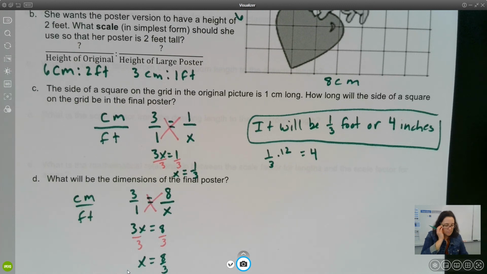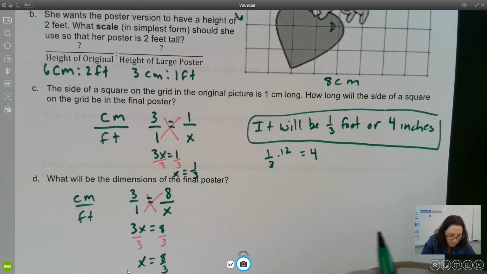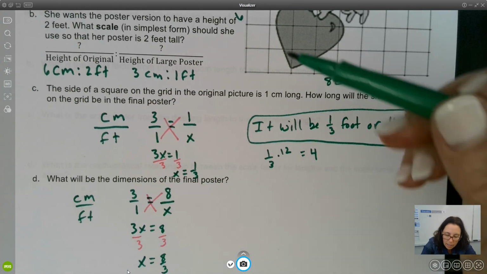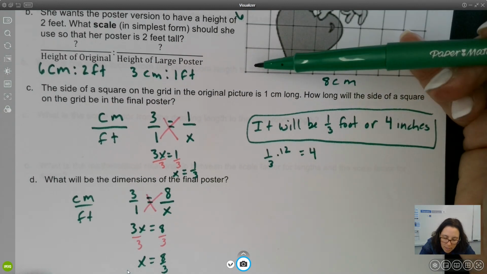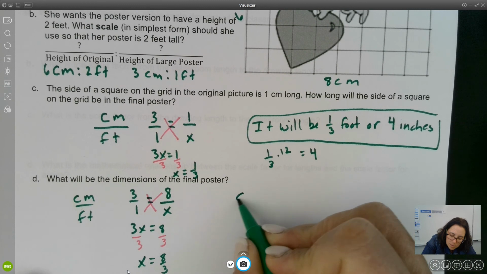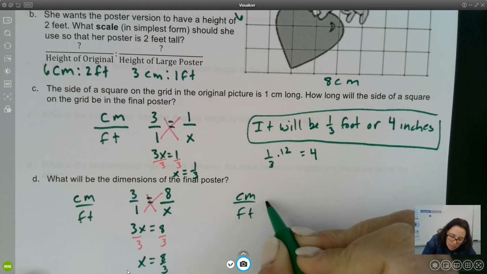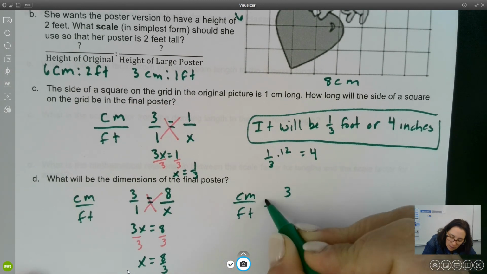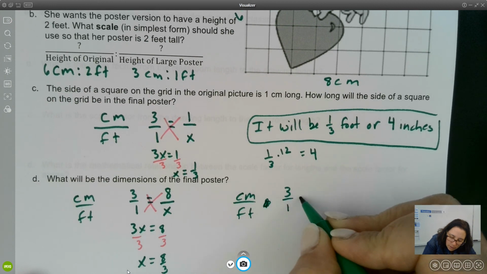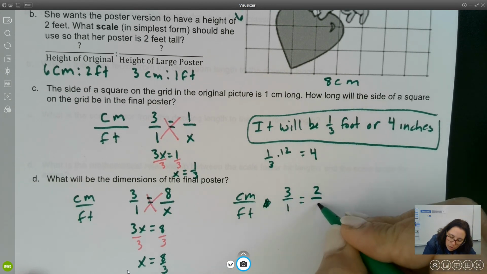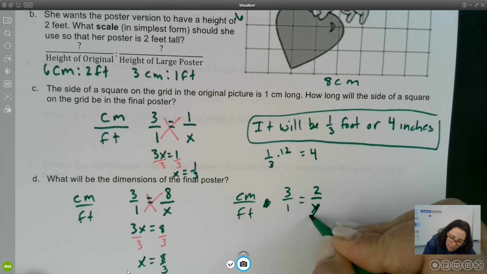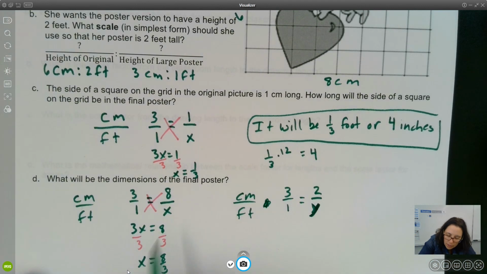Okay, and then let's go ahead and find 6. Okay, 6 centimeters. So centimeters over feet equals 3/1, and we're popping in a 2. I'm going to make that a y, just so it's a different letter than over here.